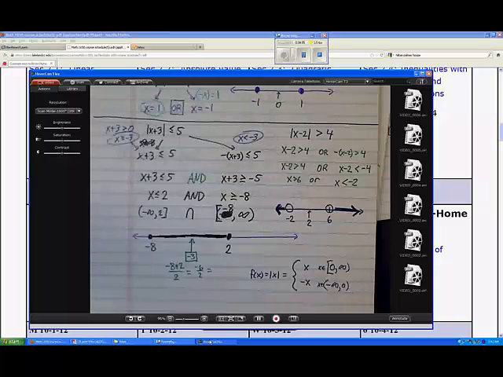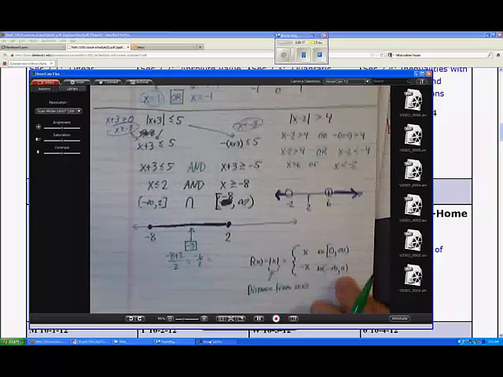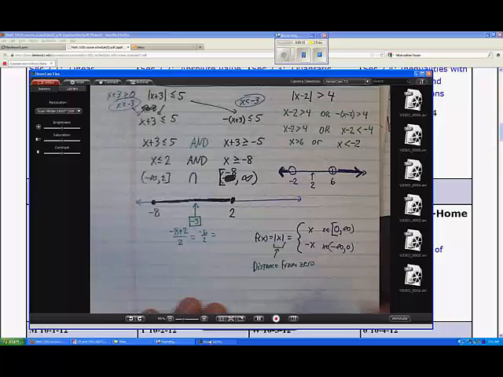But there's a totally other understanding of absolute value that I want to remind you of, and it's geometric. Here, back to this. When I write down absolute value of x, what did I tell you guys that means? Distance from 0. So if I say absolute value of x is greater than 2, what does that graph look like?